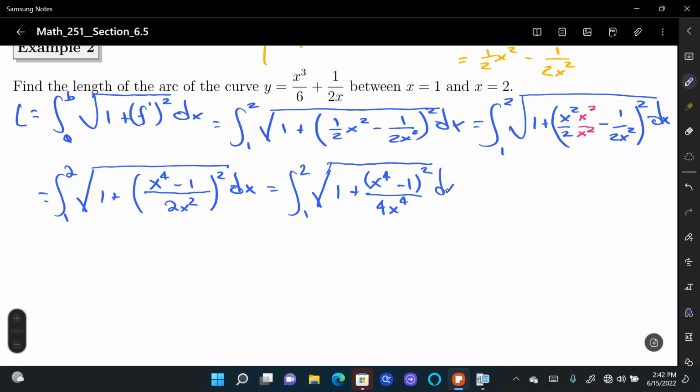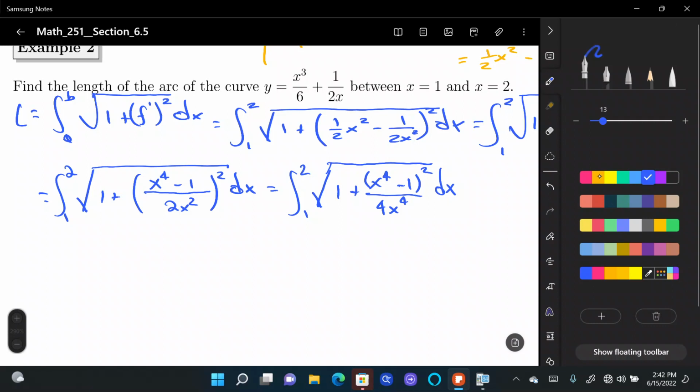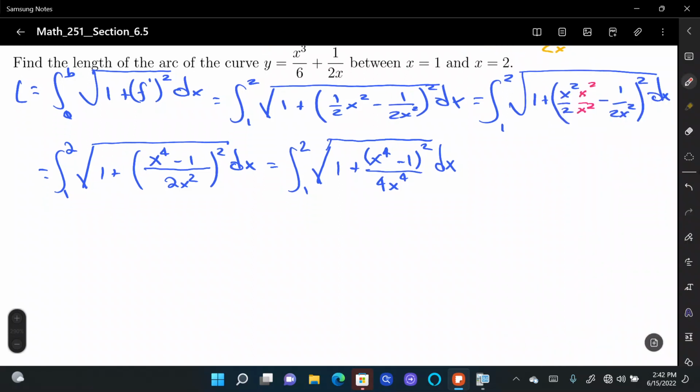With respect to x, let's square the binomial. So recall that last time I showed you a way to square a binomial. So rather than just foiling, which takes time, why not just use the binomial formula.